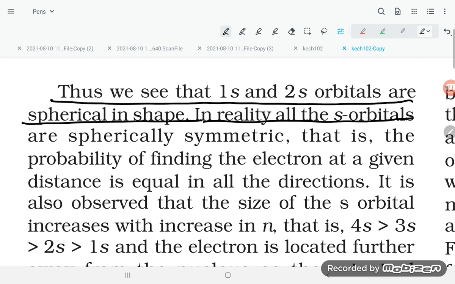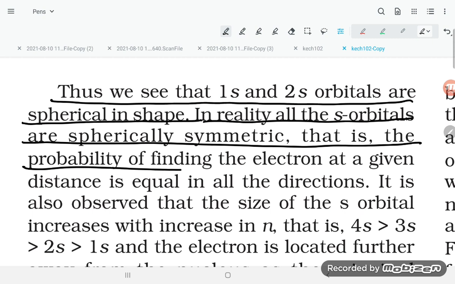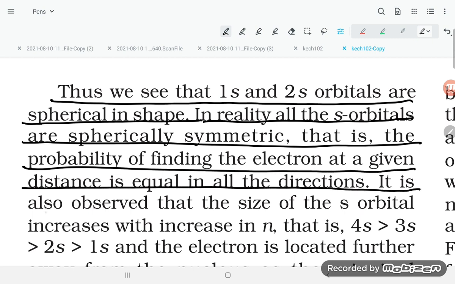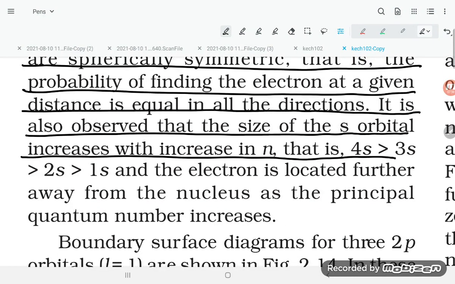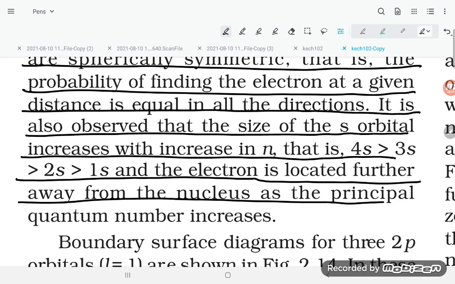In fact, all s orbitals are spherically symmetrical, that is, the probability of finding the electron at a given distance is equal in all directions. It is also observed that the size of the orbital increases with increase in n, that is 4s is greater than 3s, 2s, 1s, and the electron is located further away from the nucleus as the principal quantum number increases.